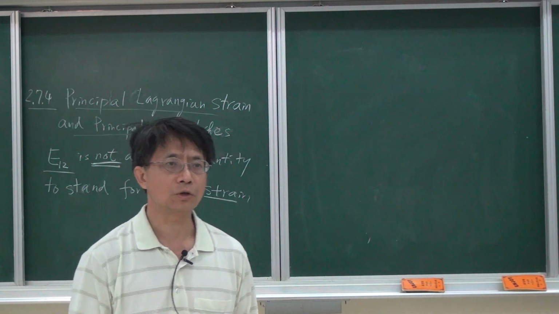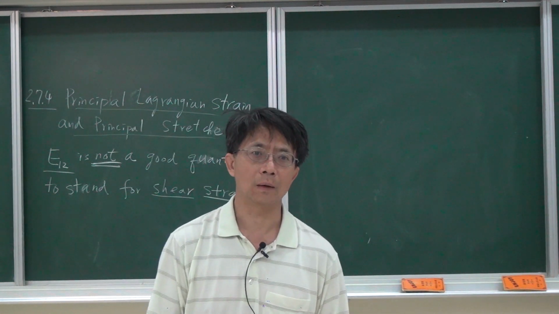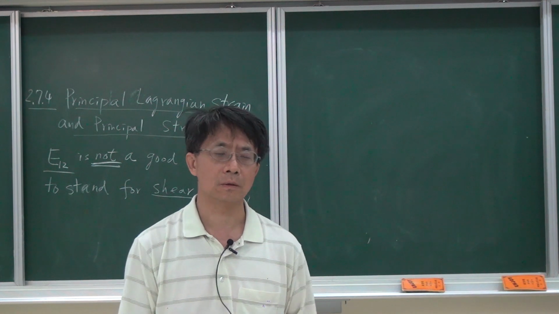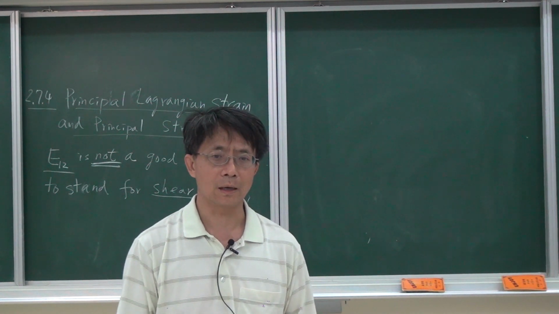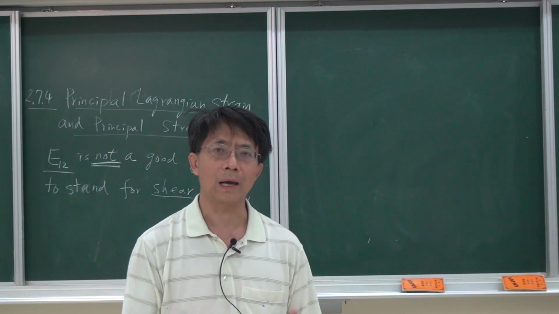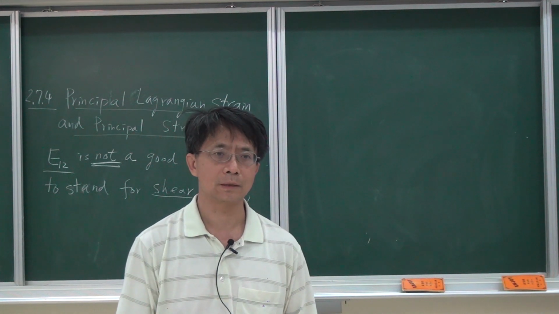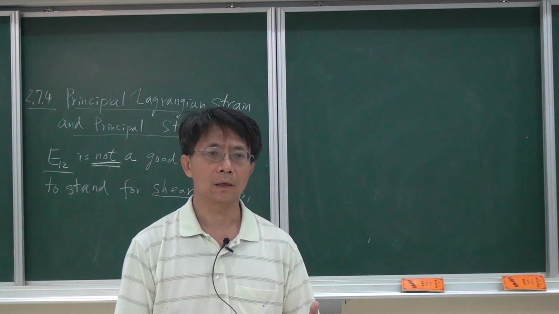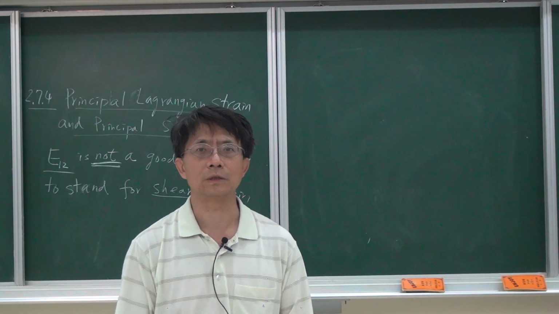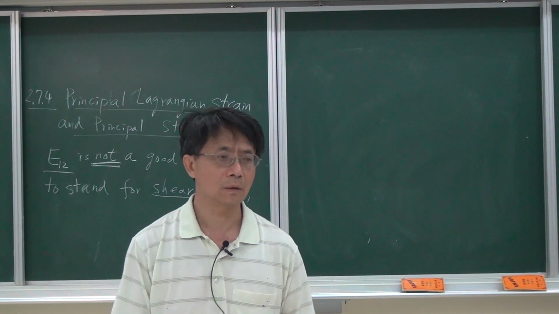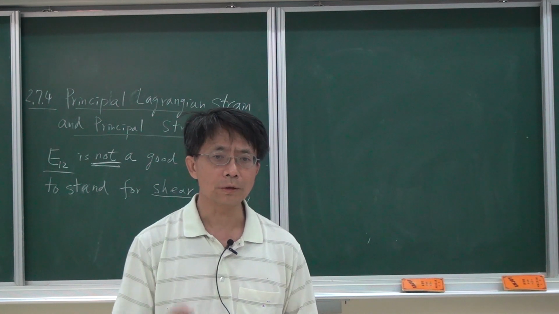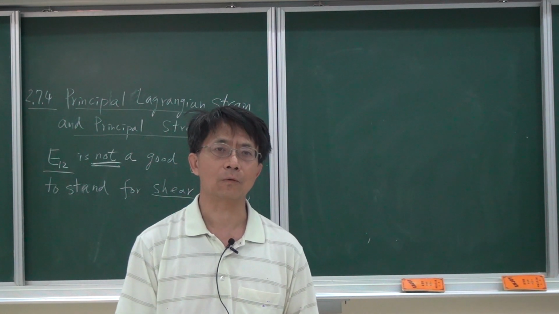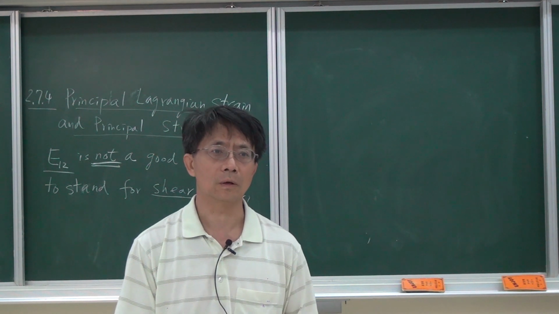When there is only rigid body rotation, the Lagrangian strain will be 0. So it is a correct way to express strain. For the classical strain, if there is only rigid body rotation, we still have a non-zero classical strain. So in this sense, Lagrangian strain is the exact one that we are looking for.